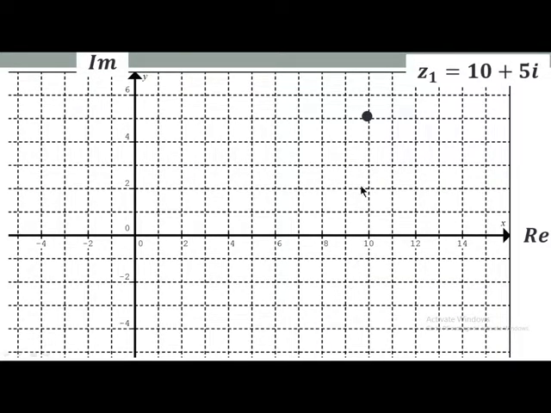So, let's go back to the example. For z1 is 10 plus 5i. So, the absolute value of a complex number actually is the distance between the origin point and the complex number.